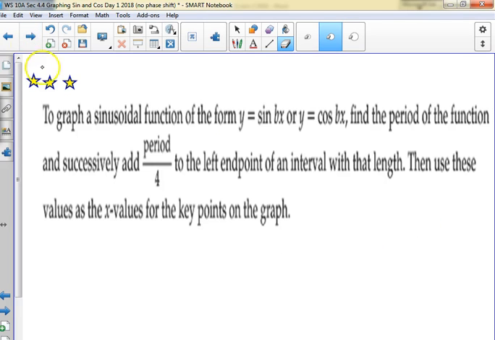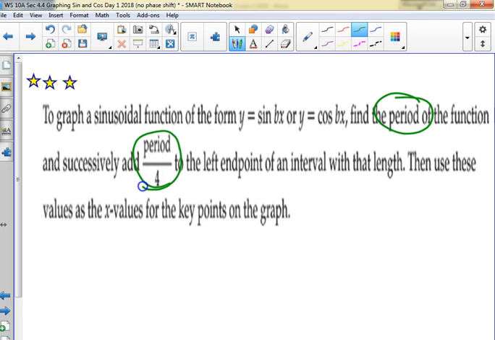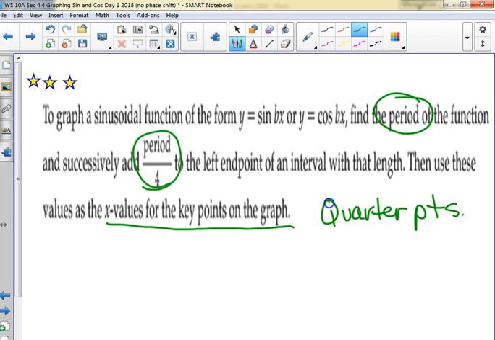All right. When you go to graph a sinusoidal function, if you find the period of the function and then you add a fourth of the period to the left end, then you'll get the key values for the x. We're going to call those quarter points. And that is what I'm going to require you to graph and to give ordered pairs for.